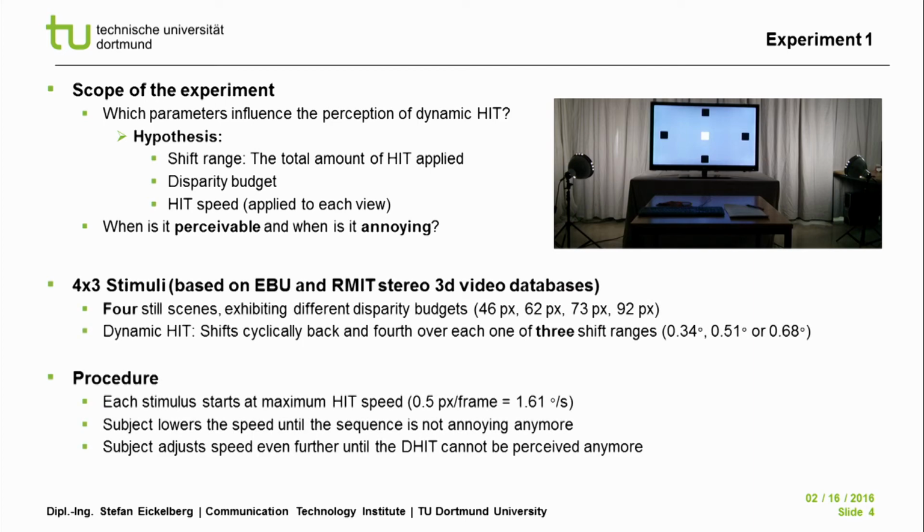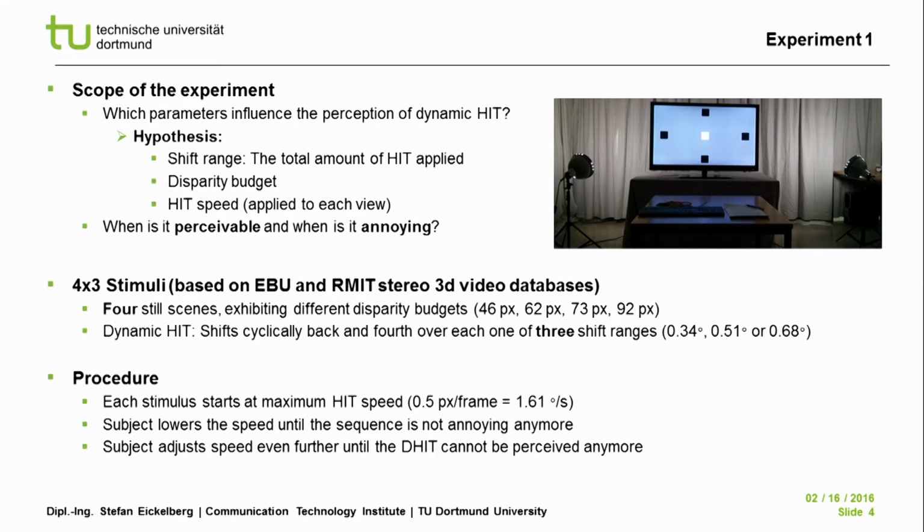So we had 4 still scenes in this test. We used still scenes because we consider this the worst case scenario as far as the detection of the DHIT is concerned. And the DHIT was designed in a very artificial way in this experiment.